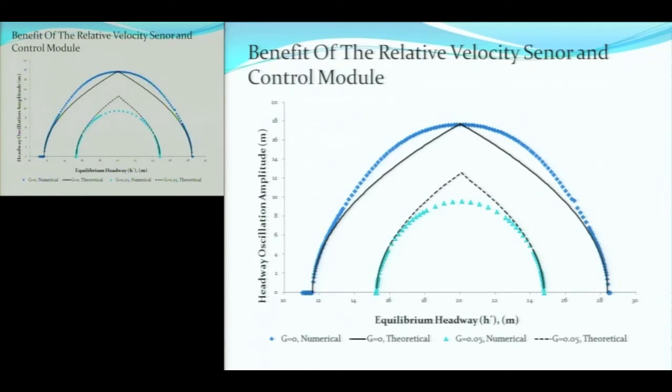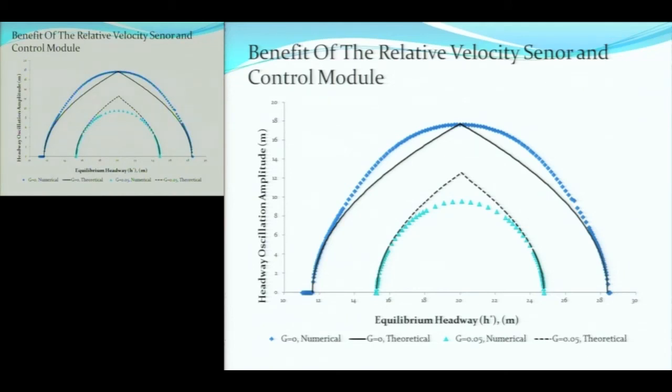So once we do that, we can plot our amplitude of oscillation with respect to the equilibrium headway for both the cases when g equals 0 and the cases when g equals 0.05.